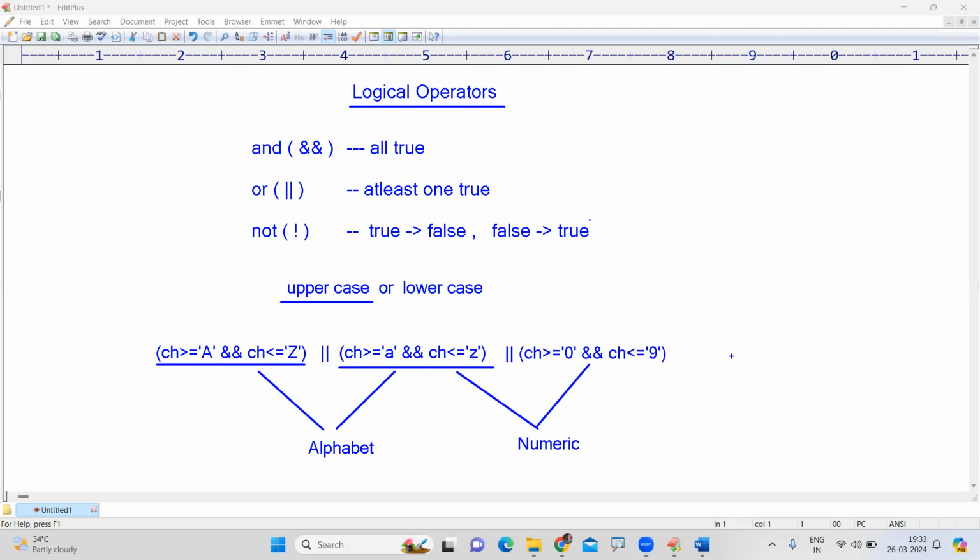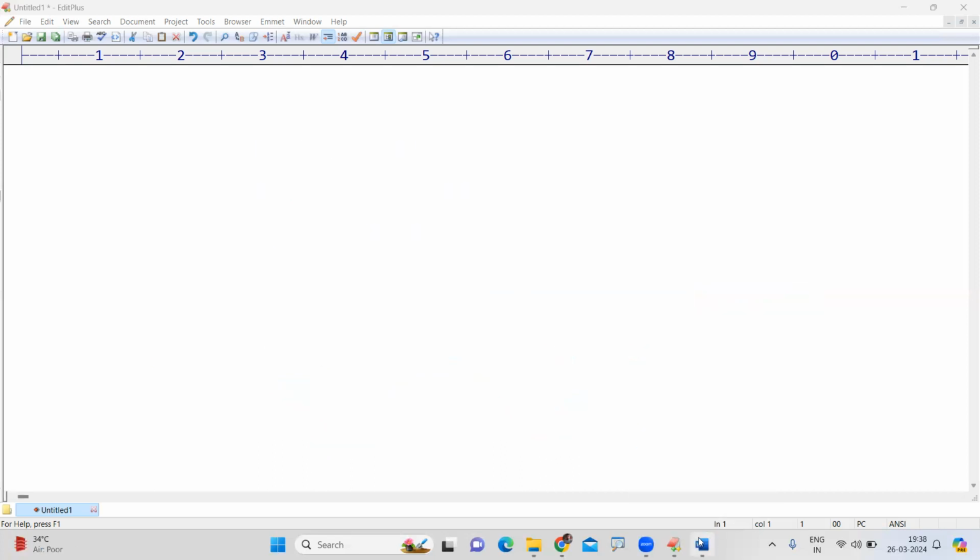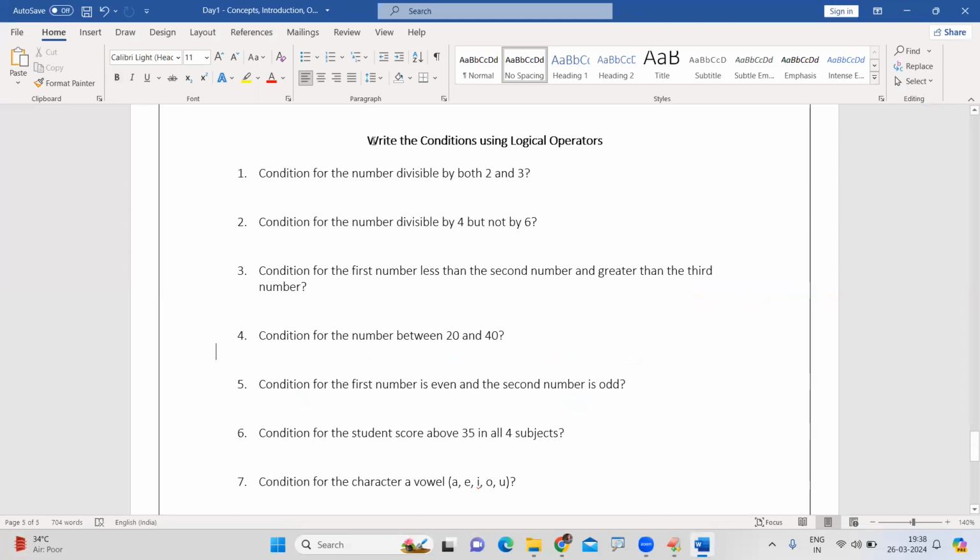So whenever you are checking whether a string is alphanumeric or not, they have given a string like this. Yes, it is alphanumeric. Suppose here some symbols are there. No, it's not alphanumeric. While checking like that, we use these kinds of things. So now, based on that, you need to write the conditions for logical operators also.